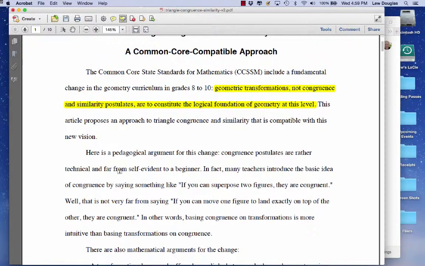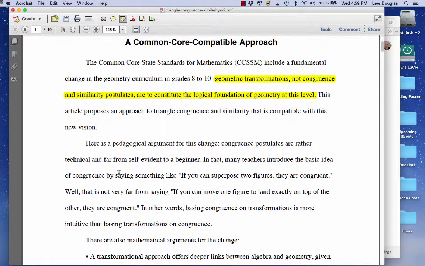The usual congruence and similarity postulates are side-angle-side, side-side-side, etc., that sort of thing. But instead of having those as postulates, we can prove those with geometric transformation axioms or assumptions that are higher level, really, but very intuitive than Euclid's.